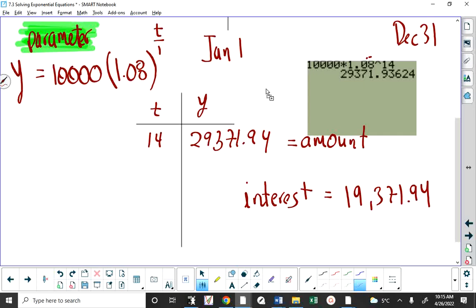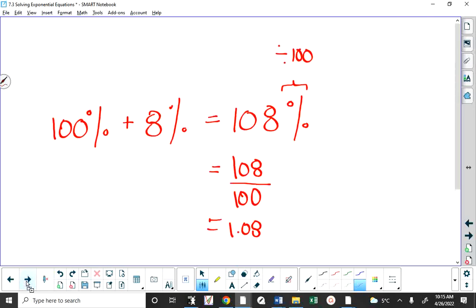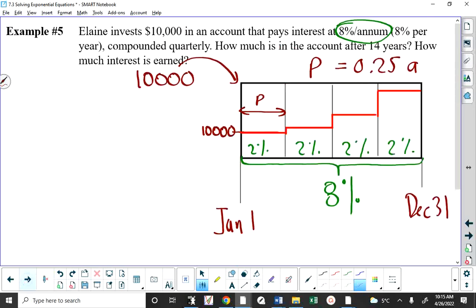Okay. Let's talk about Elaine's investment now. So the first thing to note, let me make a list of the parameters, A, P, and B. The first thing to note is we've already established that P is 0.25 years, right?